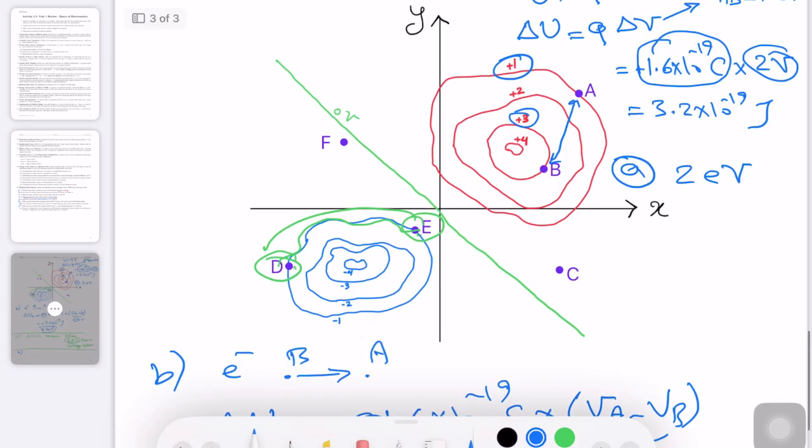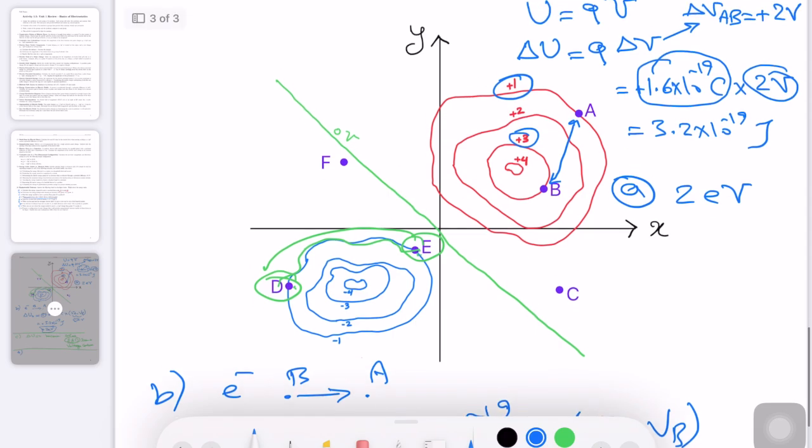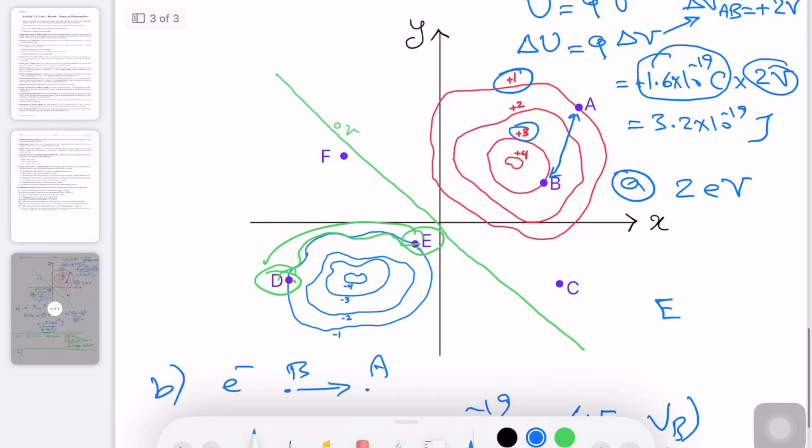So, looking at this, we know that when you recall that electric field can be quantified as the change of voltage per unit change of distance, basically.